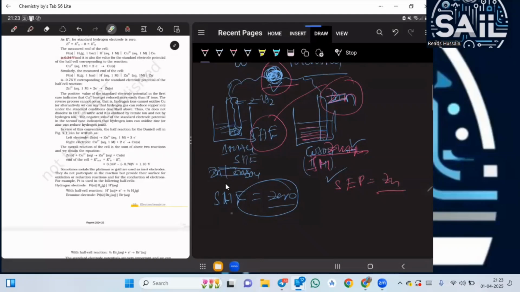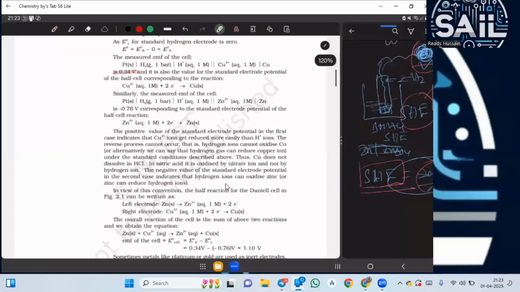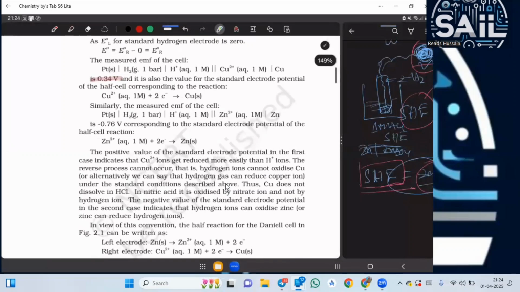The standard electrode potential of hydrogen is always 0, so whatever value we get belongs to zinc. When this experiment was conducted by the scientists, the value obtained was minus 0.76 volts.